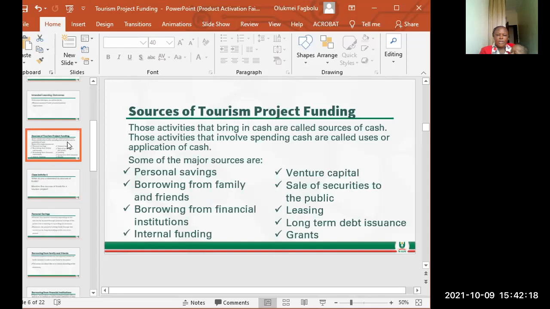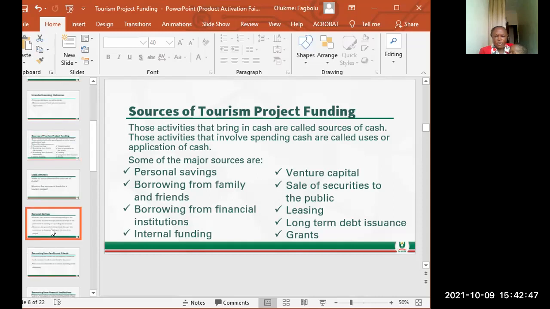Say personal savings, borrowing from family and friends, borrowing from financial institutions, internal funding, venture capital, sale of securities to the public, leasing, long-term debt issuance, and what? Grants. But I would like to take them one after the other.